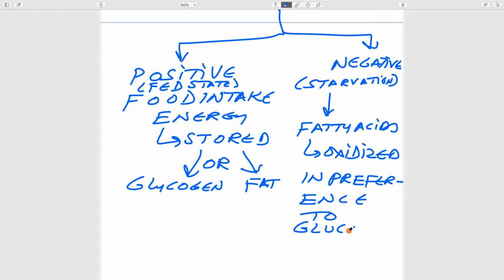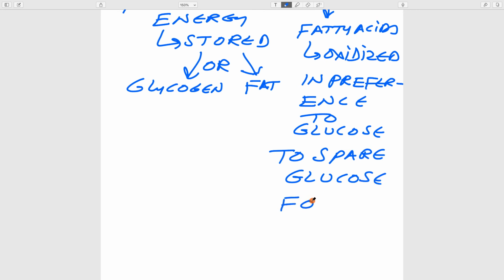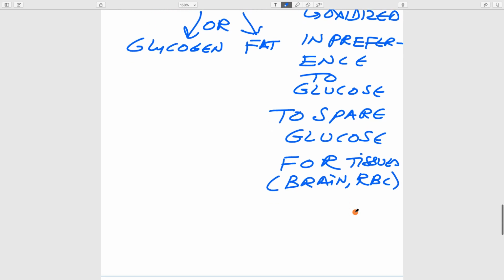The purpose is to spare glucose for important tissues where there is an absolute requirement of glucose, like brain and RBC. These tissues cannot function without a continuous supply of glucose.